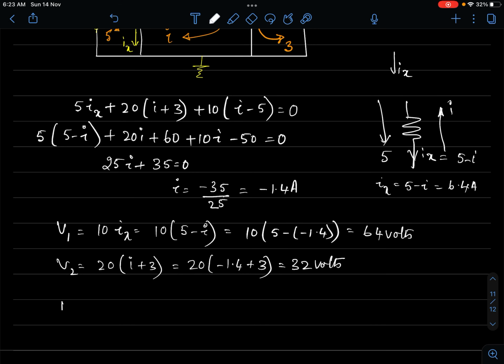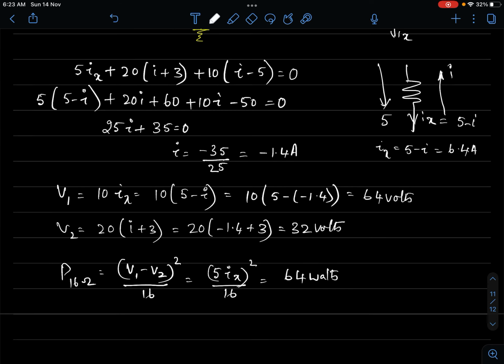So what is the power? Power in 16 ohm is V1 minus V2, the potential difference, whole square divided by 16. This is eventually also equal to 5 times Ix whole square divided by 16. You do by any method. Substitution, you will get it to be 64 watts.